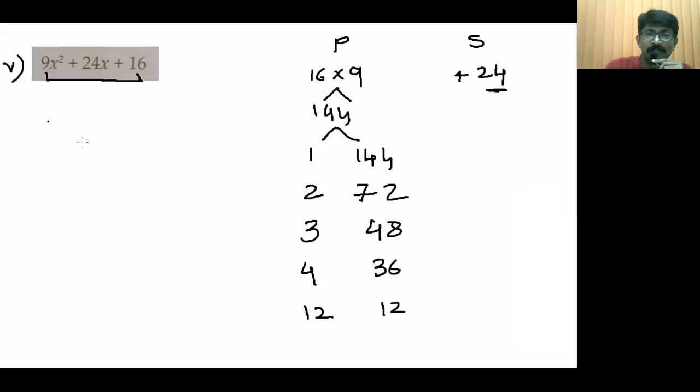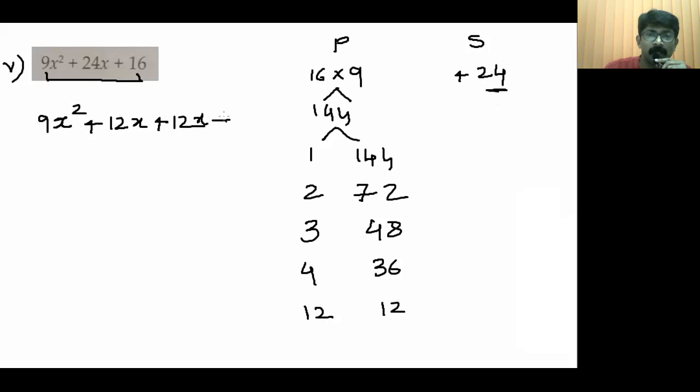Isn't it simple? So what I'm going to do, I'm going to write the 9x square as it is, and now this plus 24x can be split as plus 12x plus 12x, because 12 and 12 give the product 144, and plus 12 plus 12 will give the sum as plus 24. That way, are you getting it?